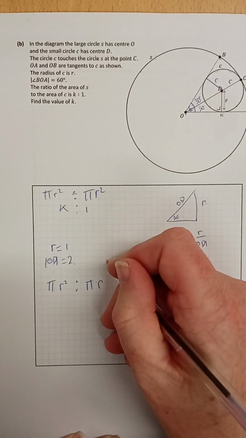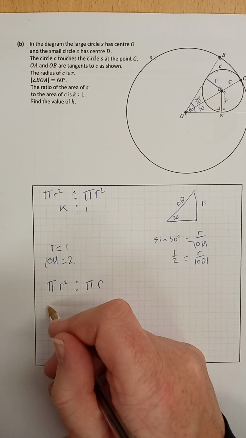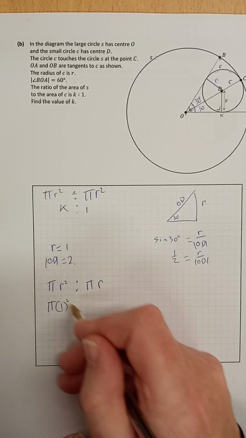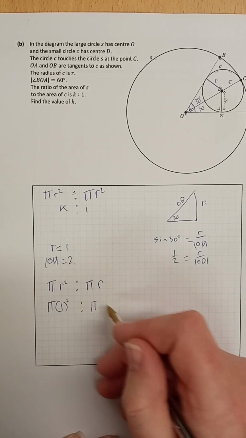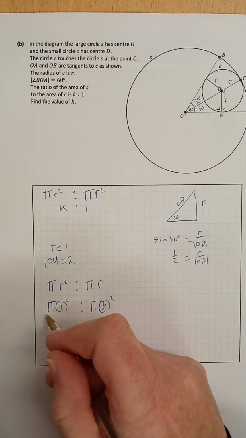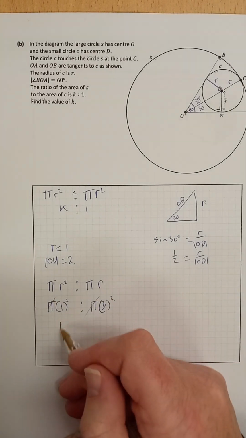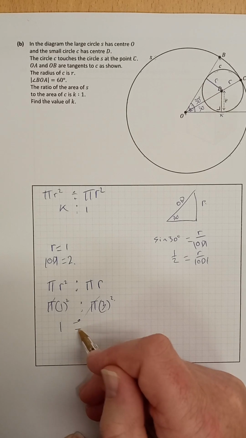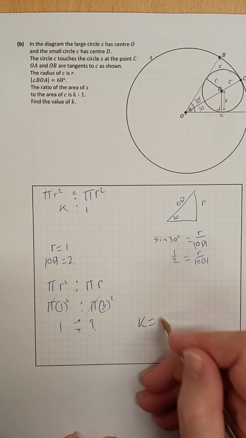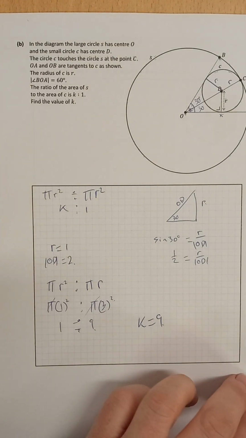So OC, that's going to be pi 1 squared is to pi 3 squared. Let's cancel the pi's. 1 is to 9, so that means k is 9. Okay, cool.